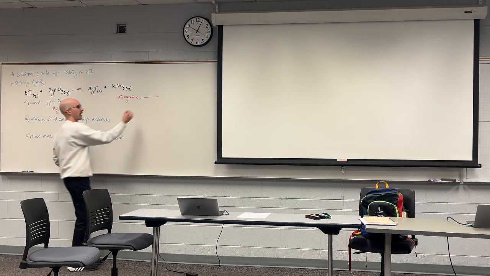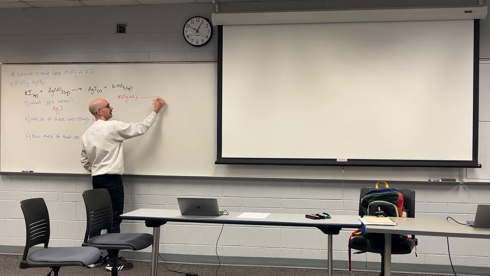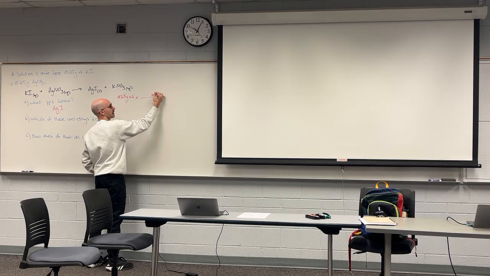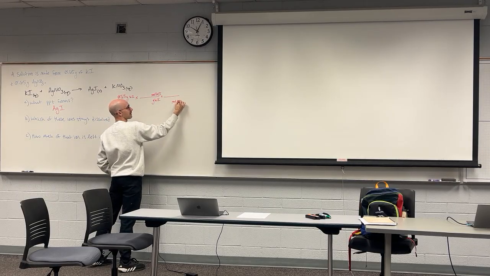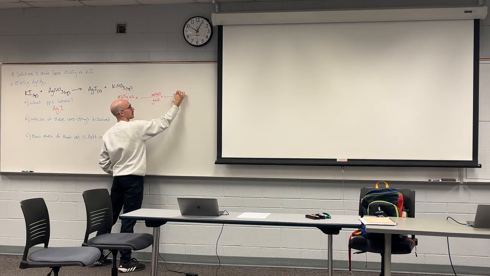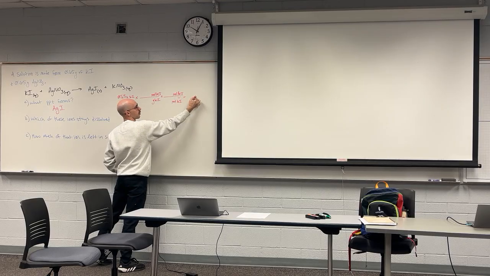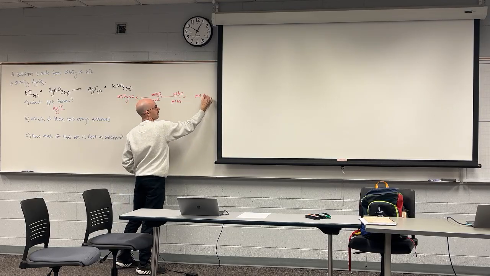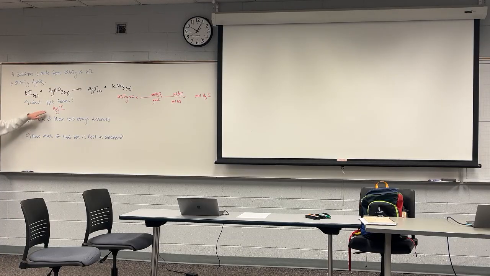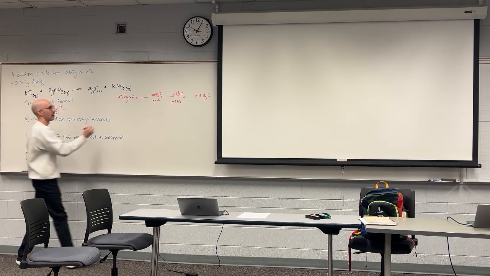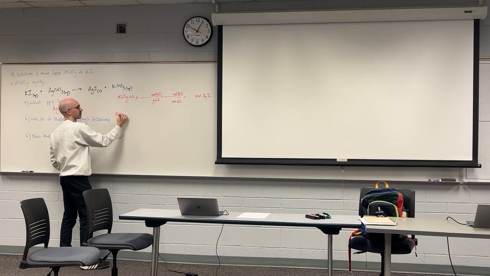So grams of potassium iodide to moles of potassium iodide. And from moles of potassium iodide, we'll do the mole-to-mole ratio, moles of silver iodide. If I want to know which of these ions stays in solution, essentially which of these ions is in excess, I need to do the same thing now for silver nitrate.